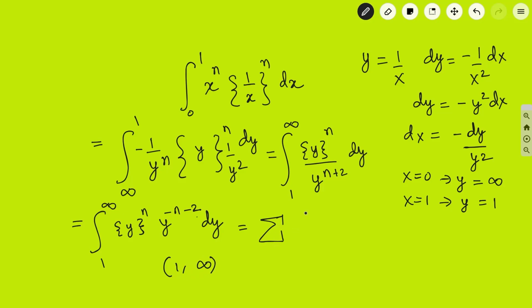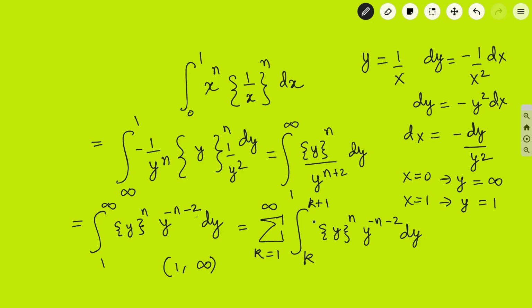So this is equal to the sum over k from 1 to infinite of the integral from k to k plus 1 of the fractional part of y to the power n, y to the power minus n minus 2 dy.